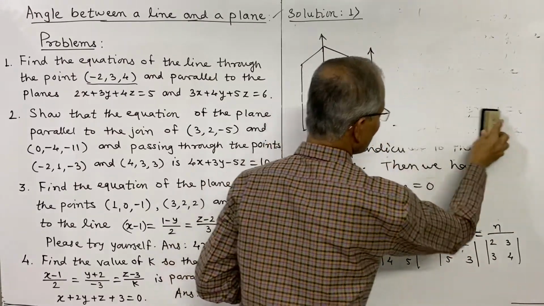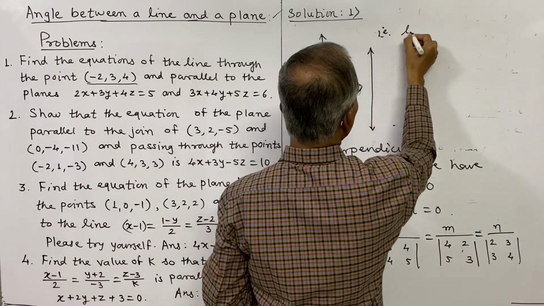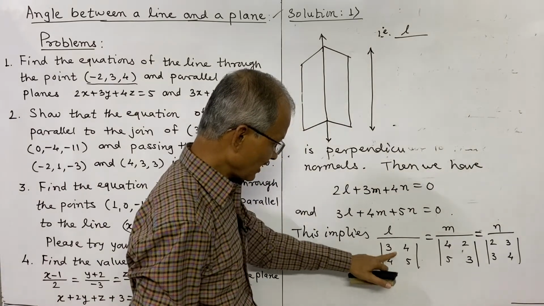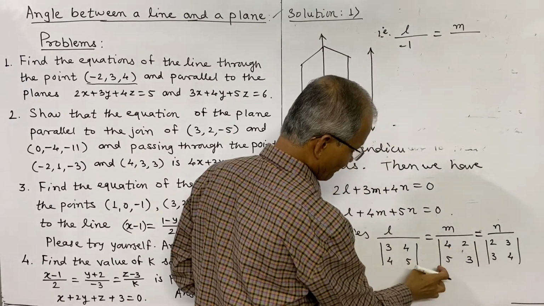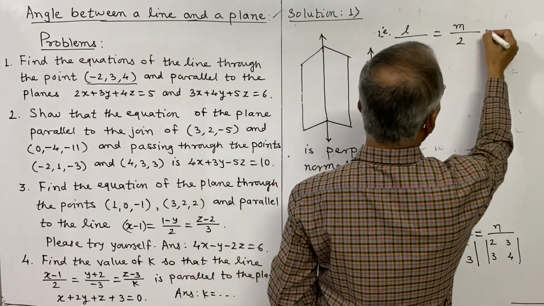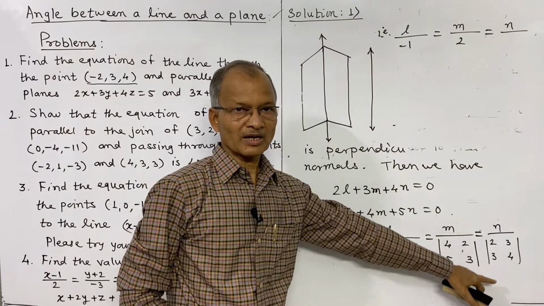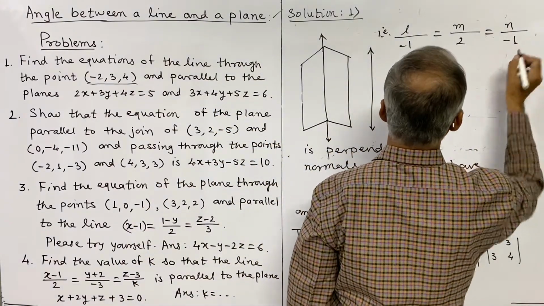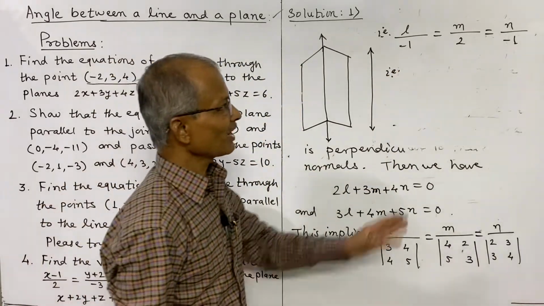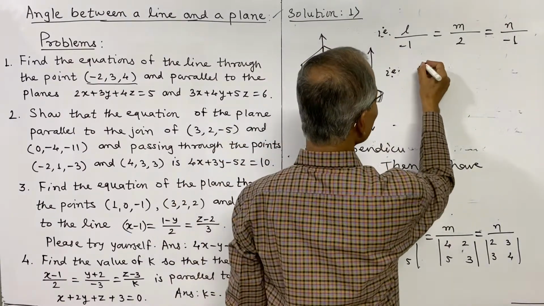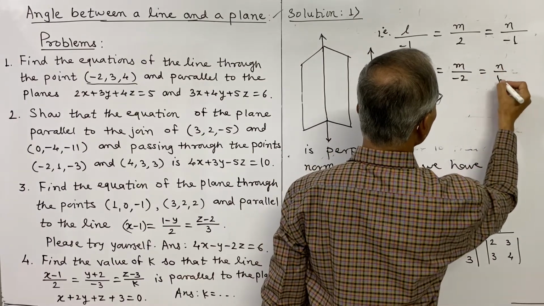You see the denominators are these determinants. So l upon 15 minus 16, that is minus 1, is equal to m upon 12 minus 10, that is 2, and n divided by 8 minus 9, that is minus 1. If we take the first as positive, we multiply throughout by minus 1, so the signs can be changed: l upon 1 is equal to m upon minus 2 is equal to n upon 1.